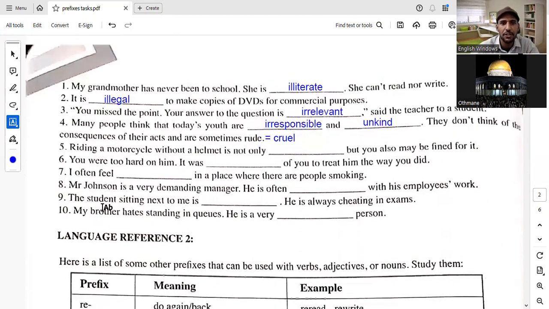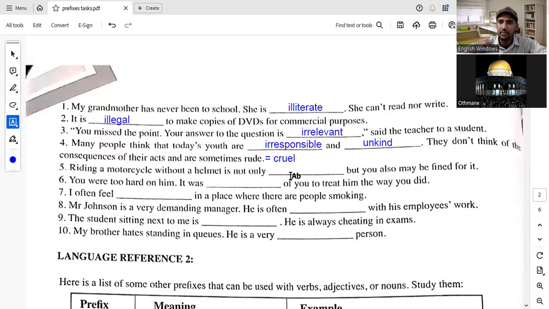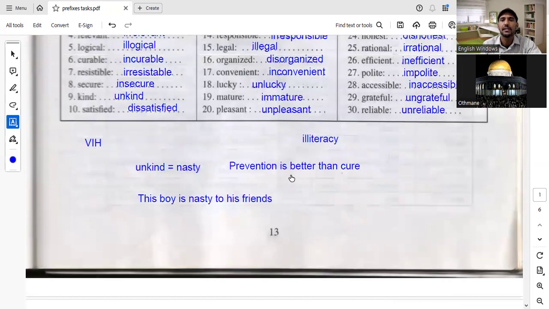Number five, riding a motorcycle without a helmet is not only, but you may also be fined for it. When you ride a motorcycle without a helmet, you know what I mean, a helmet, the casque. So this is not only what, but you may also be fined for it.